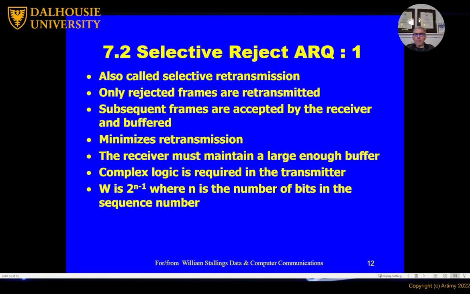So here the transmitter, not the retransmitter, the receiver, when it receives, let me say it again. The transmitter retransmits only the rejected frames, right? Not all the frames after that, just the rejected frames.